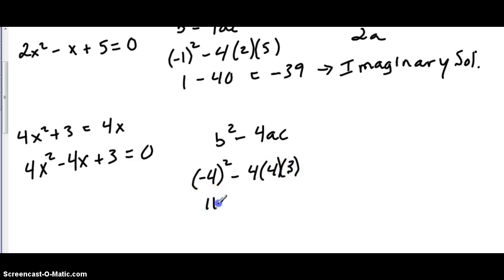That's going to be 16 minus 16 times 3, 48. And that's going to leave us with negative 32.